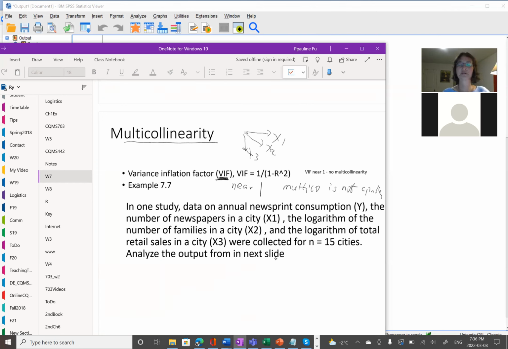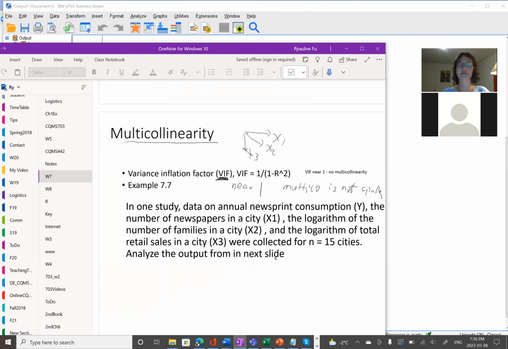Example 7.7. This example shows an annual newsprint consumption Y, the dependent variable. The number of newspapers in a city is X1. The logarithm of the number of families in the city is X2.